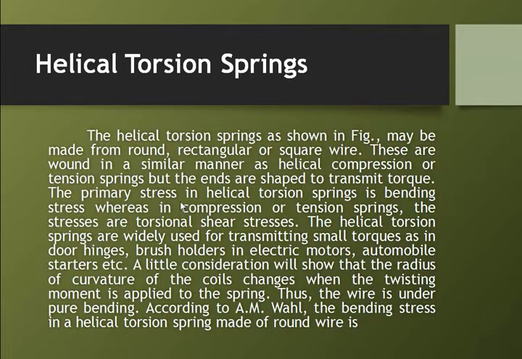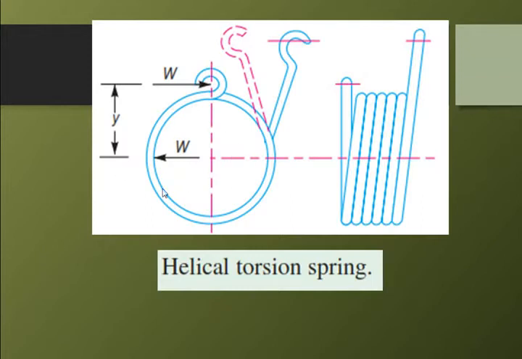The primary stress in helical torsion springs is bending stress, whereas in compression or tension springs, the stresses are torsional shear stresses. See, these helical torsion springs, the application and the working will be based on bending.